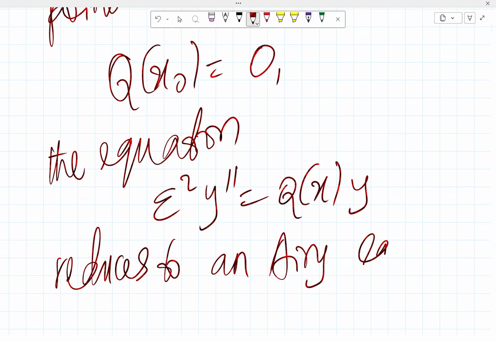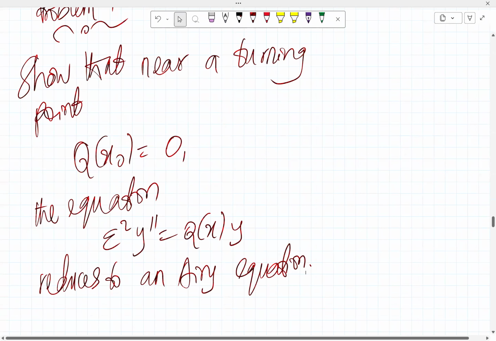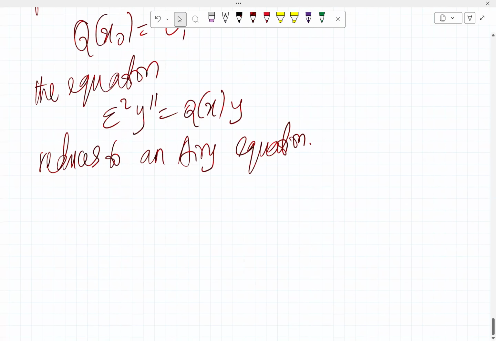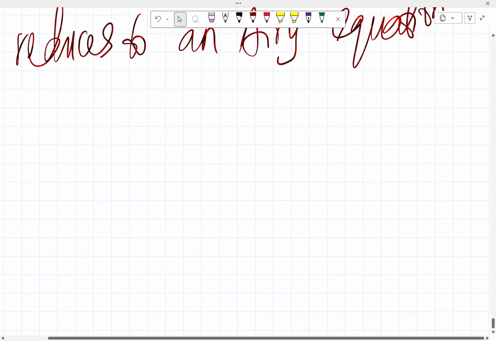Show that near a turning point, the equation epsilon squared y'' = q(x)y reduces to an Airy equation. So let's go and deal with that now.